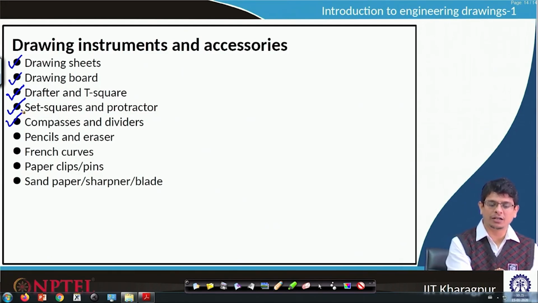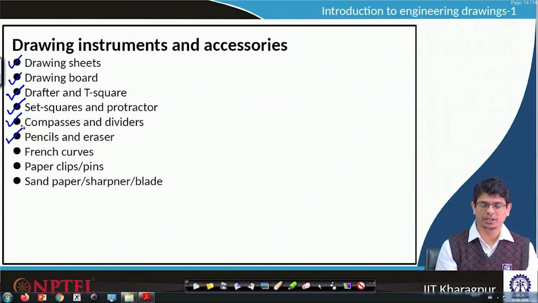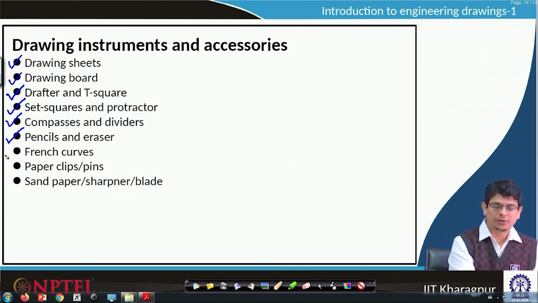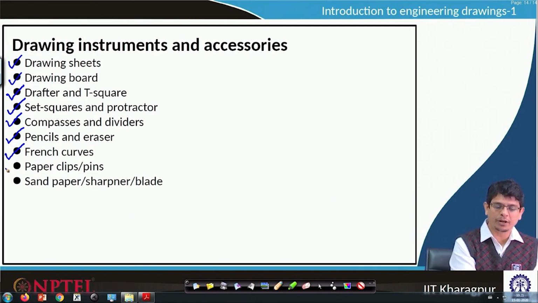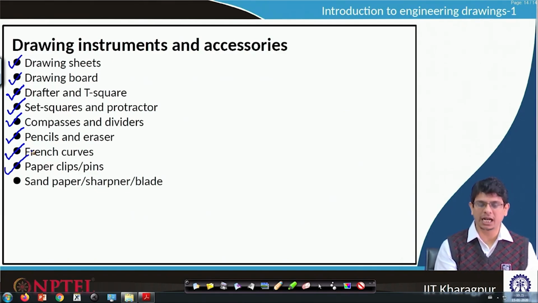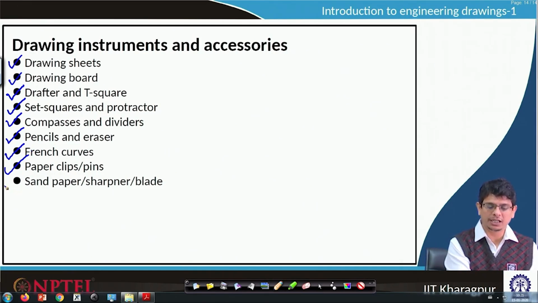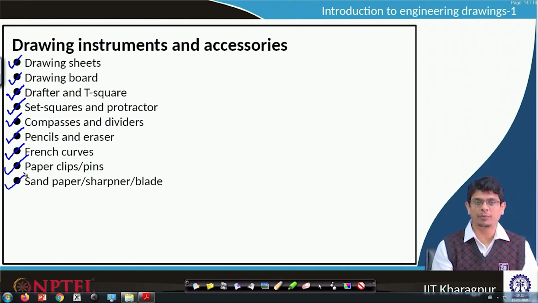The essential part of drawing is pencils and eraser. Rarely we use French curves to connect points. Usually we go with freehand sketches, but when required we go with French curves as well. To hold the paper, we require paper clips and pins, and to sharpen the pencil, sandpaper, sharpener or blades are required.